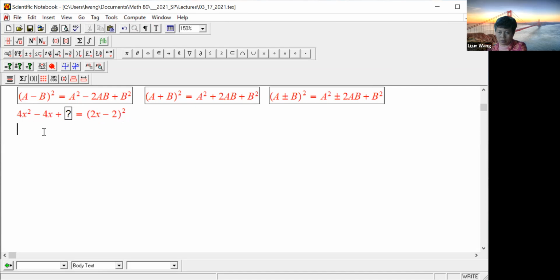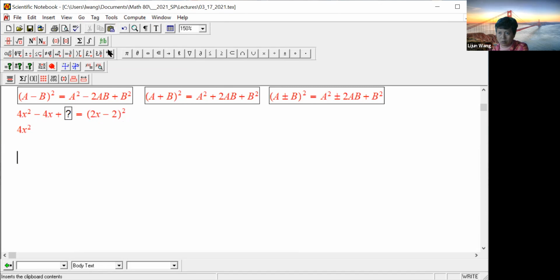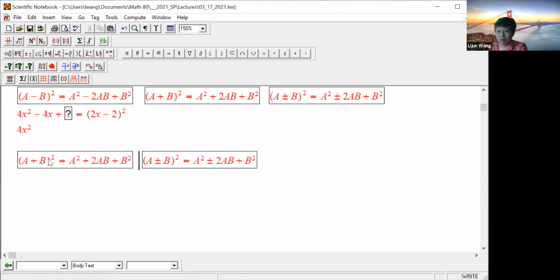2x squared. You need to remember the source of all of these is from here. You follow me? This is the source. I'm gonna remove this just to keep it simple.